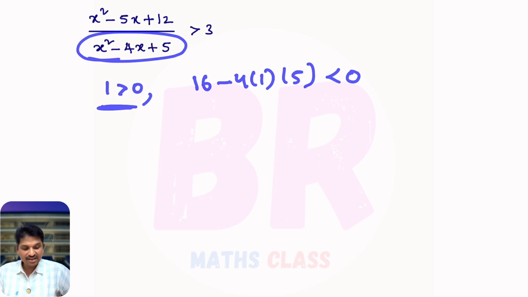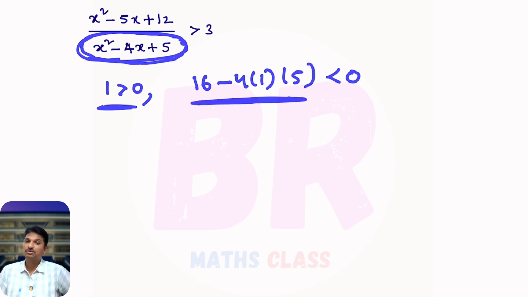As a is greater than 0 and its discriminant is less than 0, then we can say that this expression x square minus 4x plus 5 is always positive. As you know this is positive, now you can cross multiply this, right? We know that this is clearly positive.